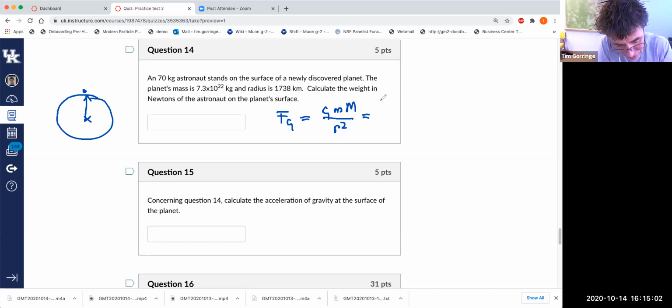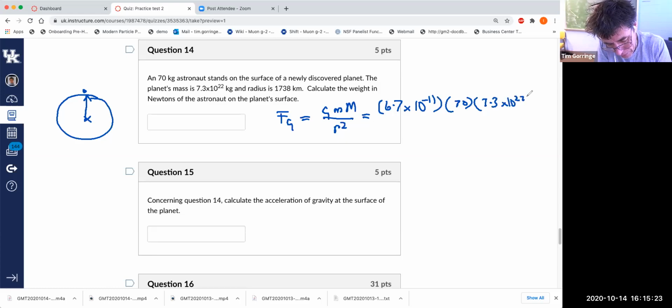And all of these numbers we know. I'm not going to write units here, but I really should. I'm going to fill in the gravitational constant, the mass of the astronaut, the mass of the newly discovered planet, and the radius of the newly discovered planet.